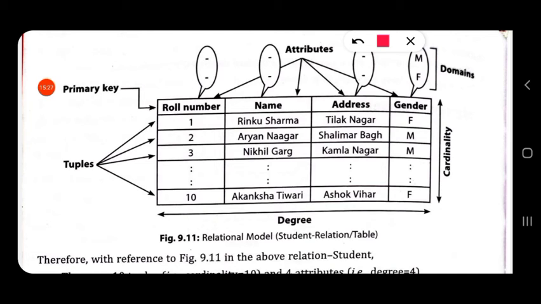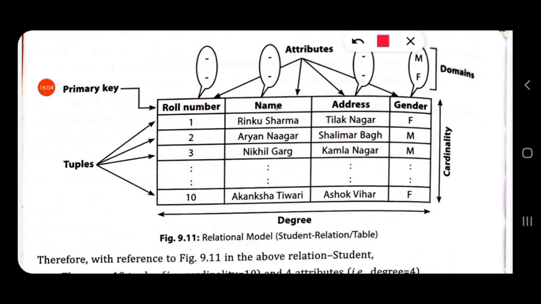Roll number, name, address and gender are data items or attributes or fields. These are the names given to columns. Now rows: what are the names given for rows? Tuples or records. So this whole row, 1 2 3, these are called records.